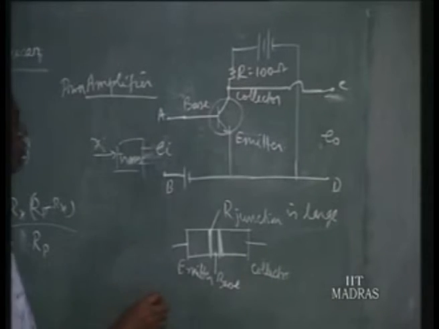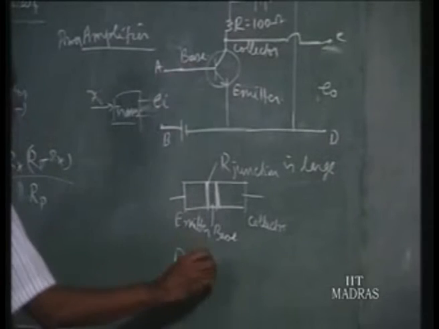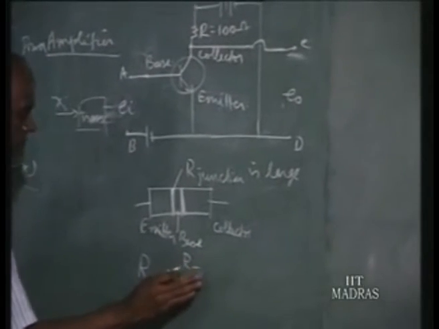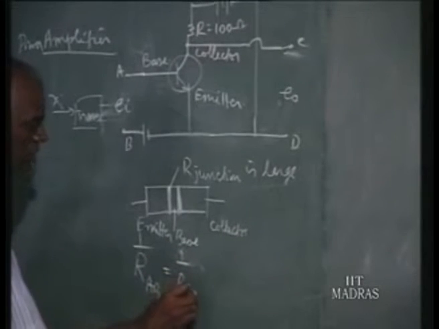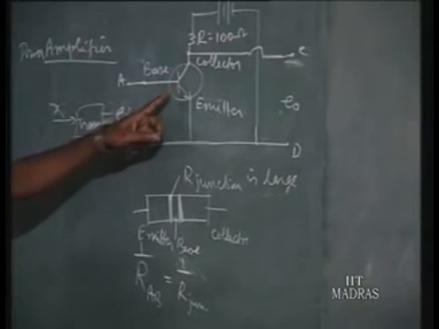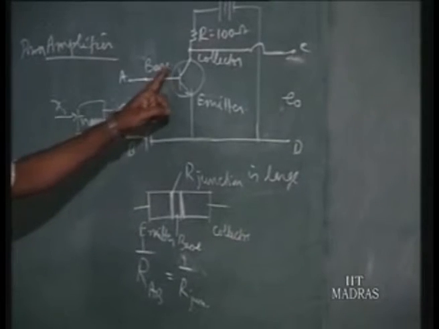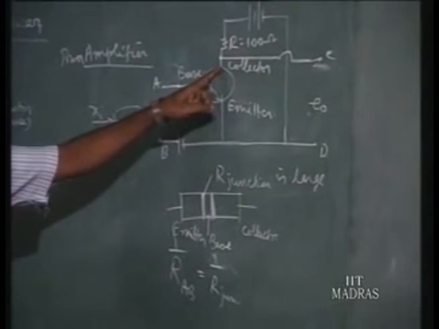So 1 by RAB is equal to 1 by R junction resistance, and another one is through base to collector, another R junction is there.